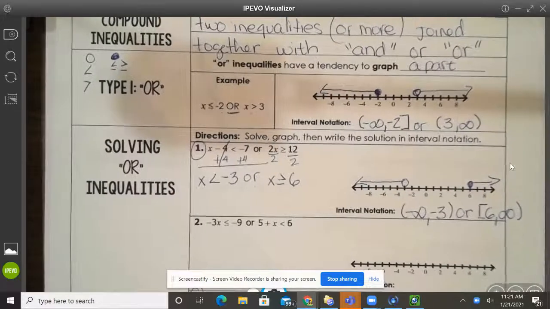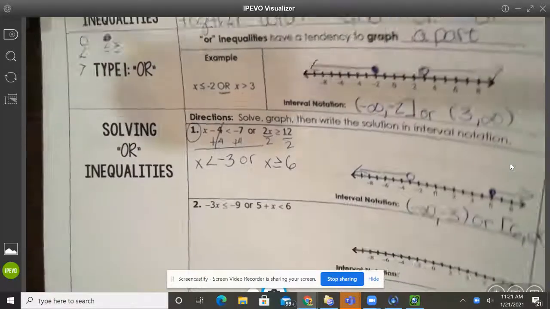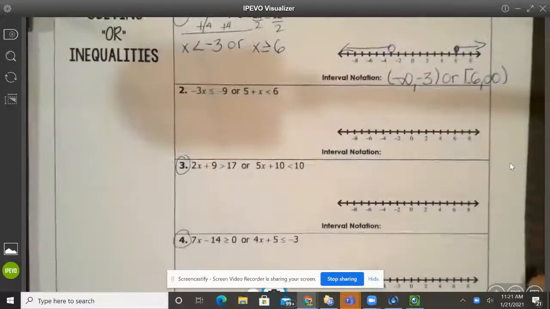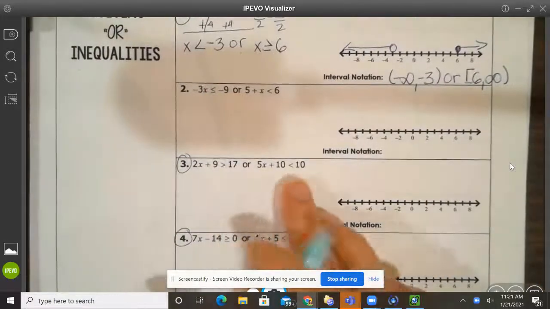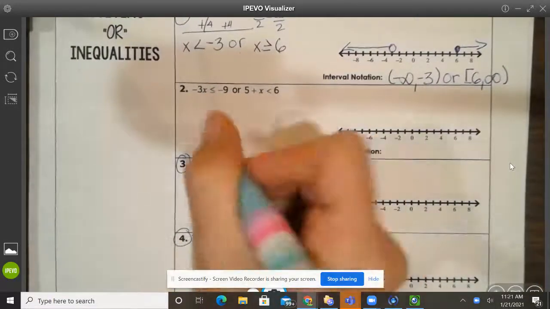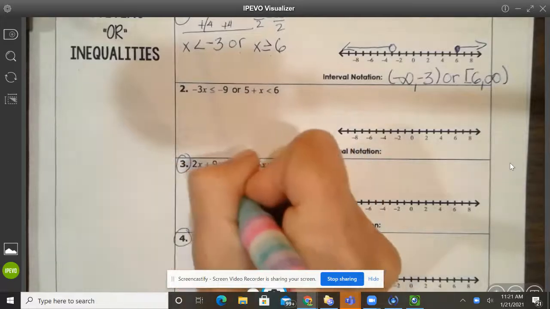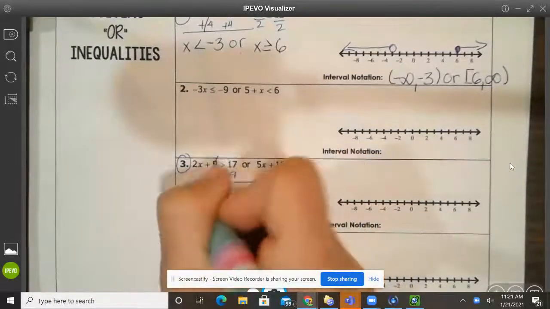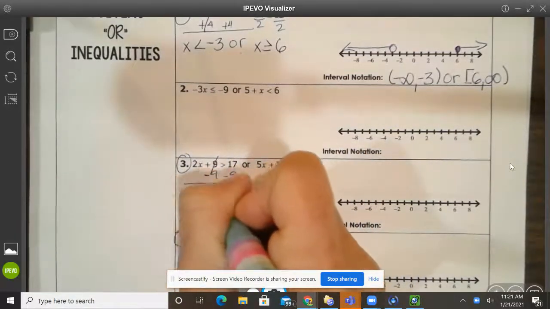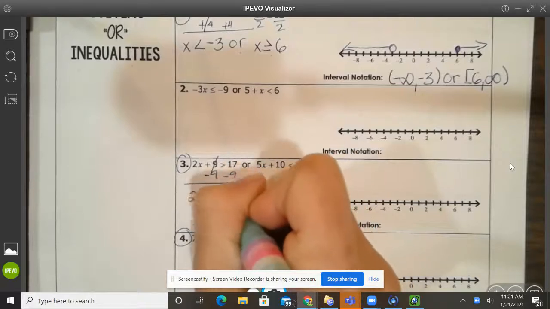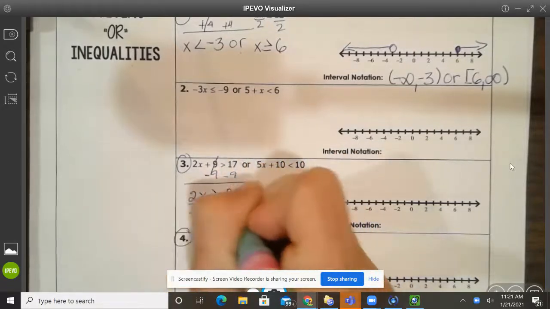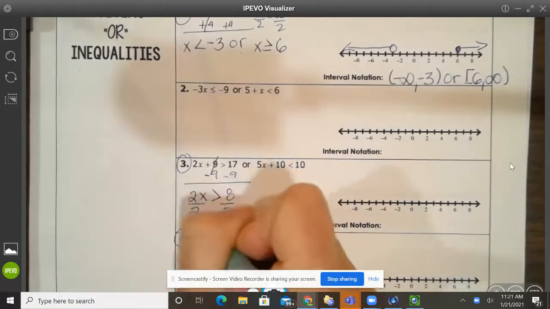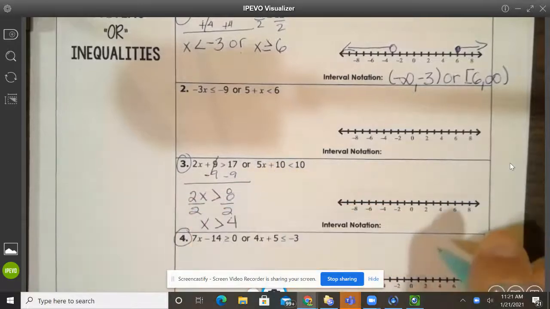Okay, let's do another one. Here we're solving a two-step inequality on each of them. So -9 goes away, and I have 2x is greater than 8, and then you divide by 2, so x is greater than 4. That's the first.